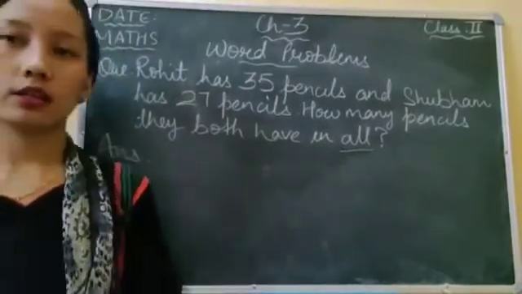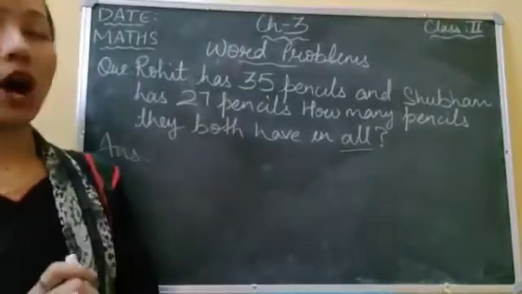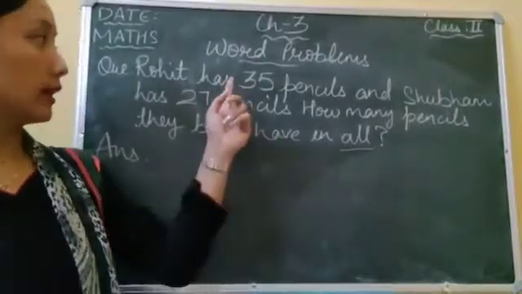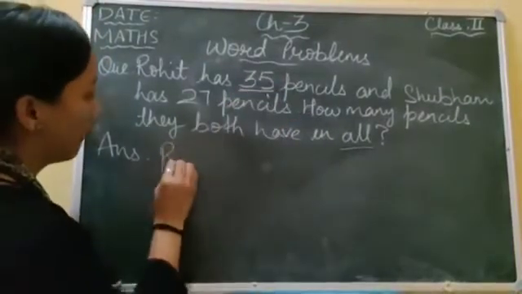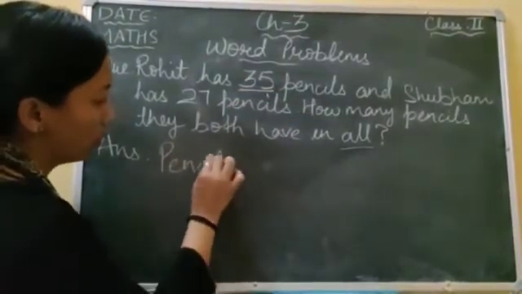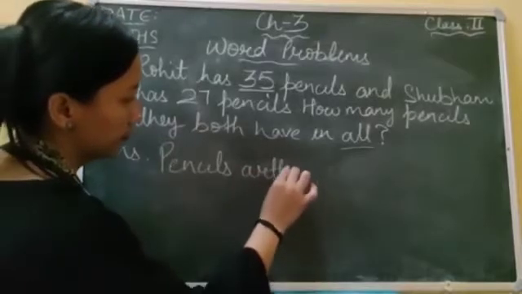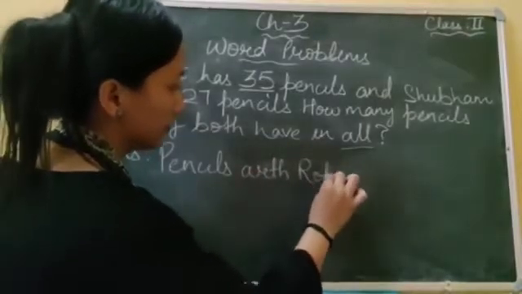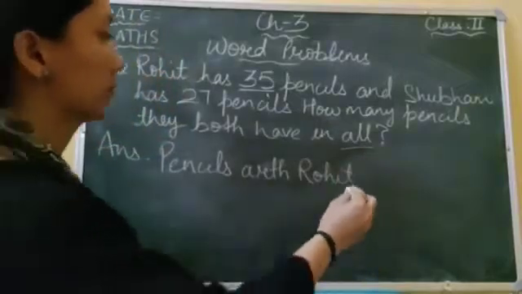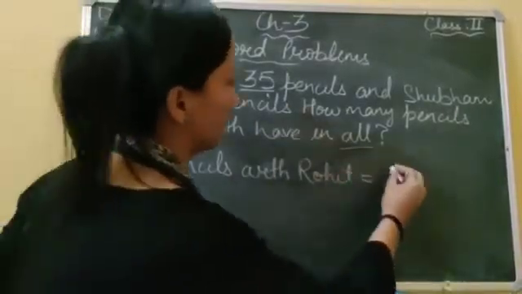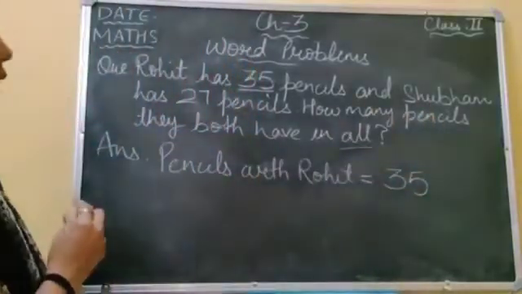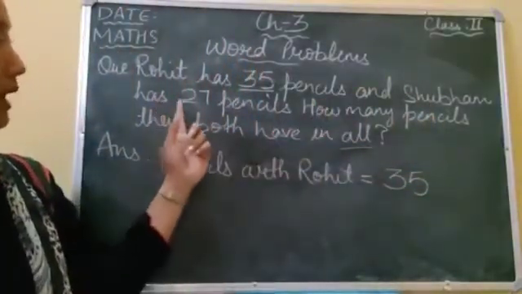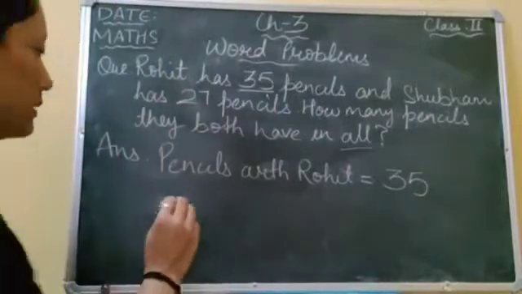So here, Rohit has how many pencils? 35 pencils. Pencils with Rohit is equal to 35. Okay. And Shubham has 27 pencils.